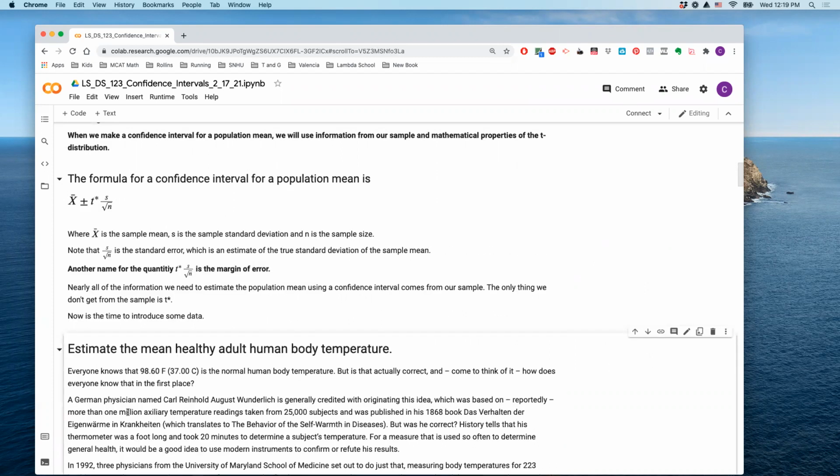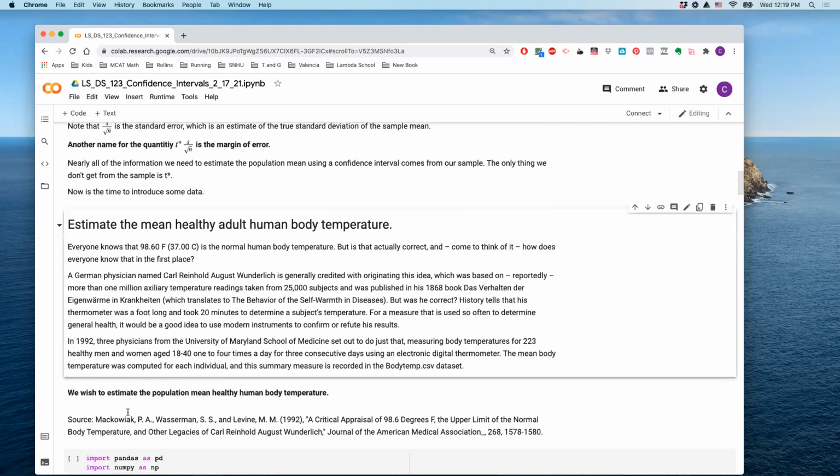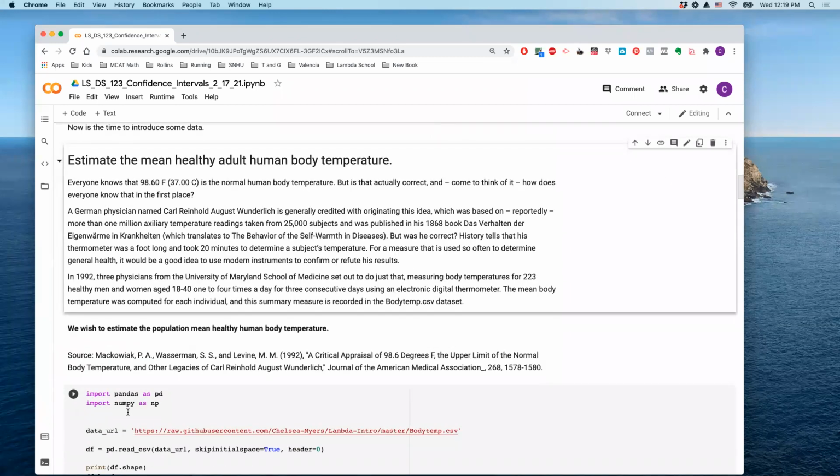And we're going to put off talking about that because that's the hard part. But we'll get there. What we're going to do is start by reminding ourselves what all these other quantities are, how we get them from our data, and start to plug everything in. And I think as we plug stuff in, it's going to become more intuitive what this whole t-star thing does.